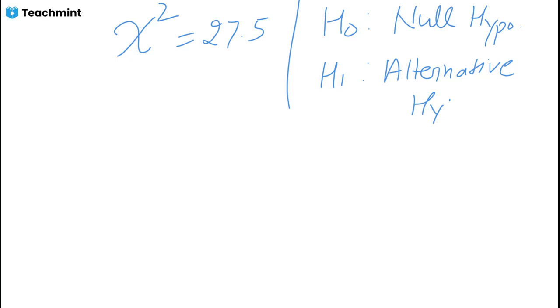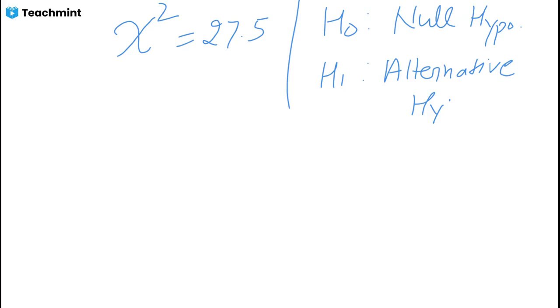I'm sending you the table, you'll get it in a few seconds. So this is the table for 5% level of significance, and see the degree of freedom 5.